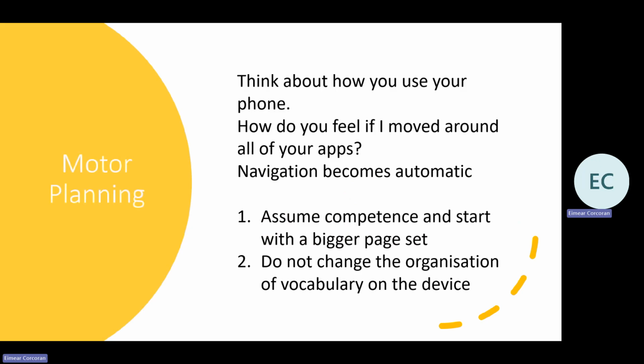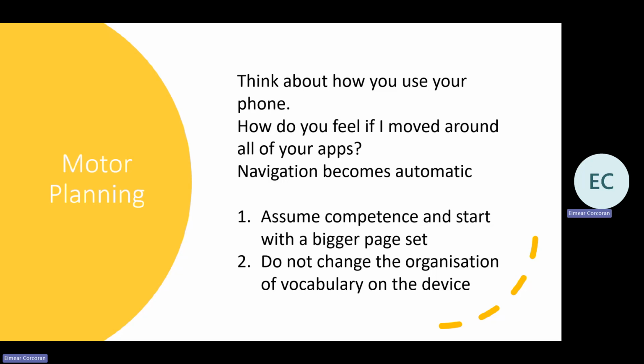So I'm going to move on to motor planning. You may have heard SLTs advising that we leave the vocabulary where it is on the device, so try not to go swapping it around or deleting it. If you think about it this way, when you use your phone, you know exactly where all of your apps are. But if someone was to move them all around, you'd suddenly be lost. And that's what we call motor planning.